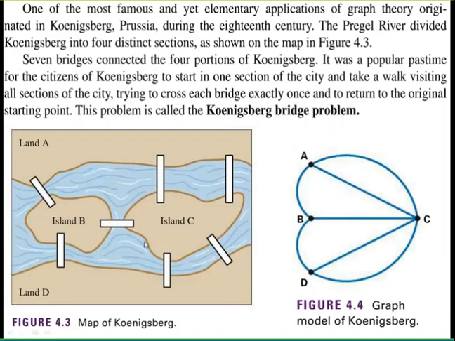One of the most famous problems, and yet they say elementary like it's easy. It's not easy. I had to stare at this problem for a while when I first saw it. Graph theory resonated in Prussia during the 18th century, and the Pregel River divided, I think it's Königsberg, into 4 distinct sections as shown on this map.